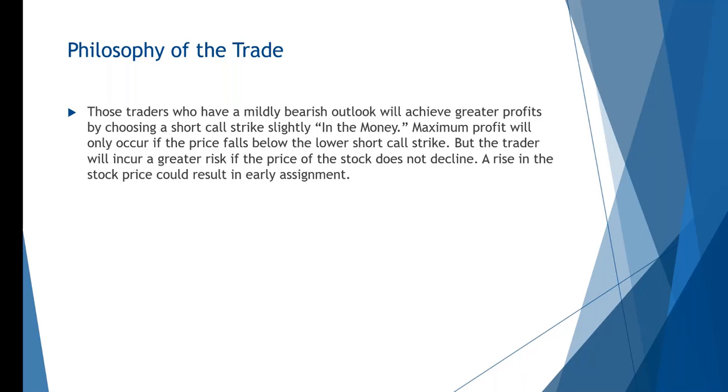And that maximum profit will only occur if price does fall below that strike price. Now, this does create a greater risk for our traders. The risk is not in a monetary value because our risk is limited by our strike differentials. That risk is in something that's called early assignment.